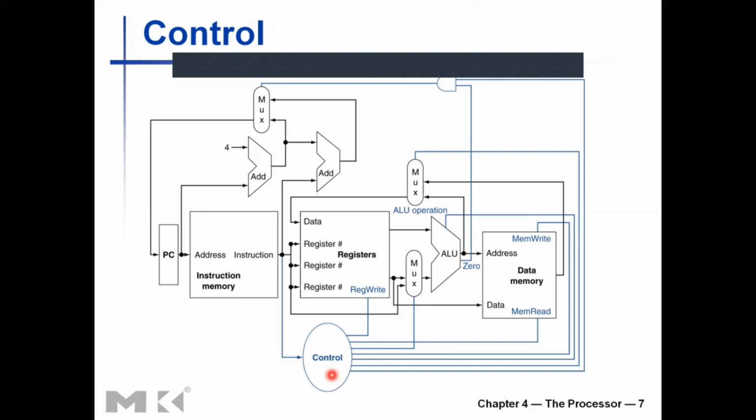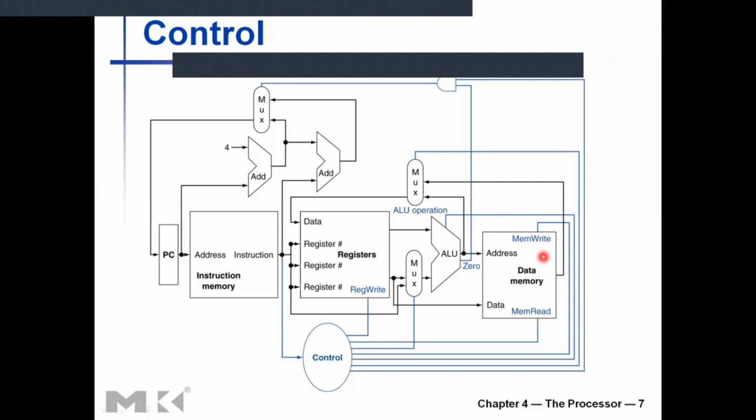You can see a lot of blue lines in this figure. All the control signals that you need to send to these multiplexers, like the one we have in the instruction fetch mechanism, or to the memory to decide whether we are going to write to the memory or read from the memory, or to the ALU to tell the ALU whether you need to perform an add operation or subtract operation or shift operation or some other operation.